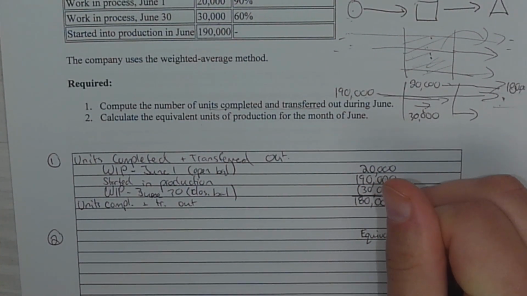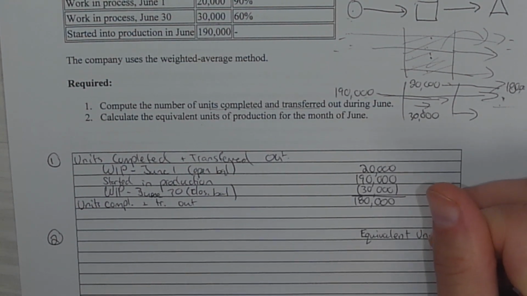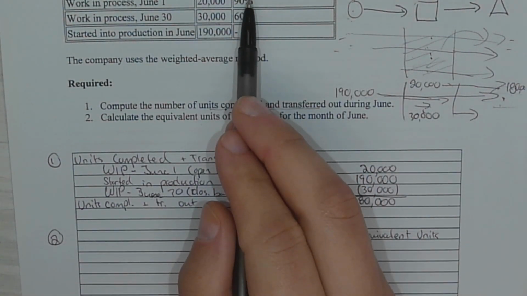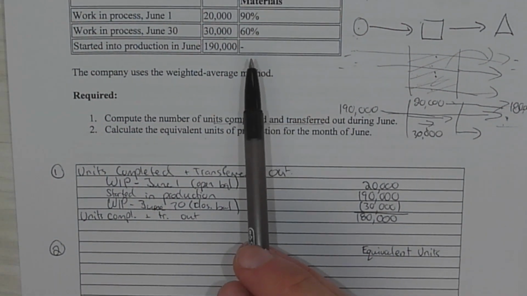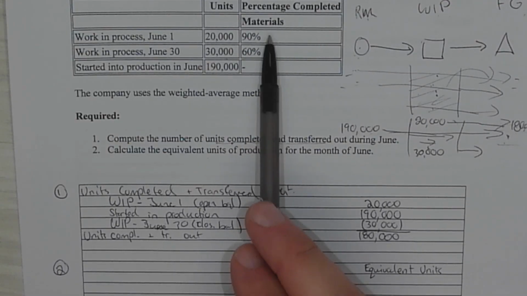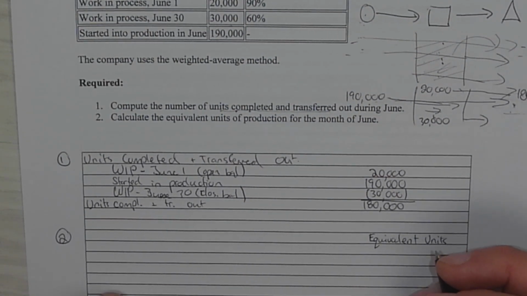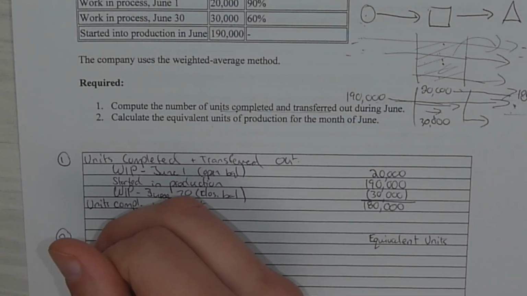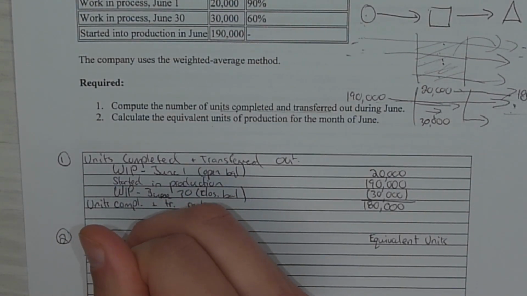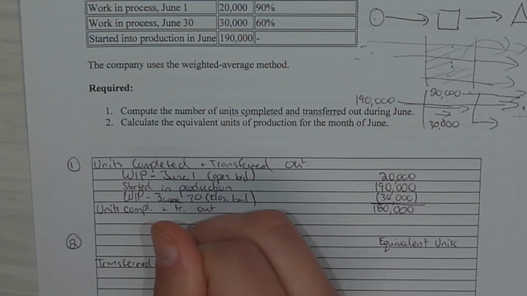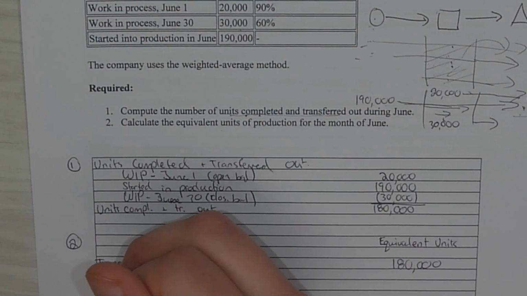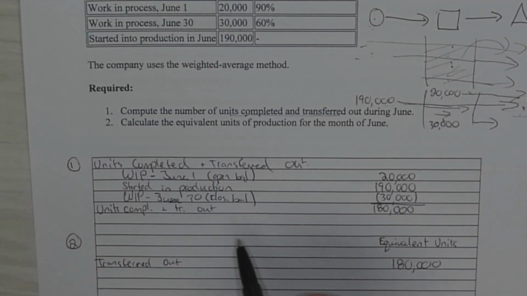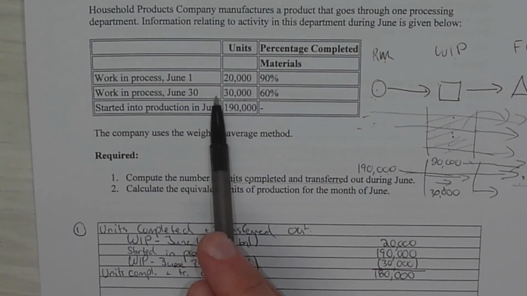So now when we're trying to determine our equivalent units, we'll have equivalent units here for our materials. We've got our transferred out completed, and that will be 180,000. And we have our amount that was in process, so that's 60% complete.